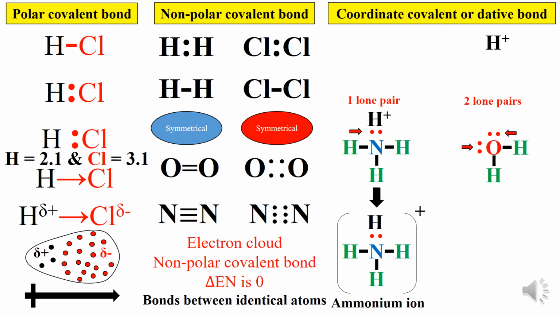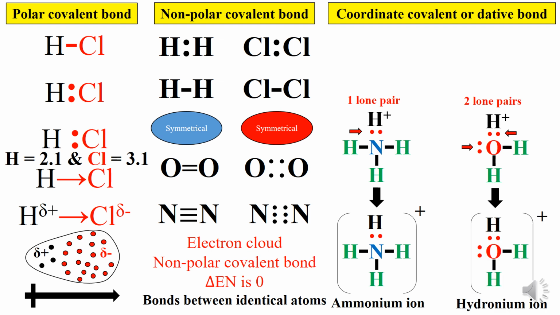And therefore, the oxygen atom is electron rich with 2 lone pairs of non-bonding electrons, which are available for protonation. So protonation of water molecule results in formation of hydronium ion, and there is development of a formal charge within the molecule.